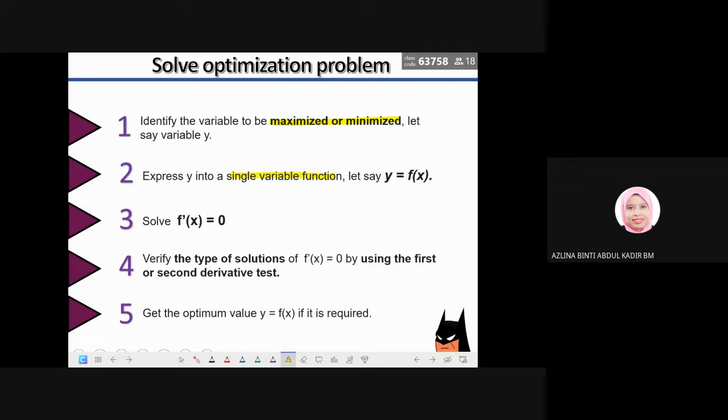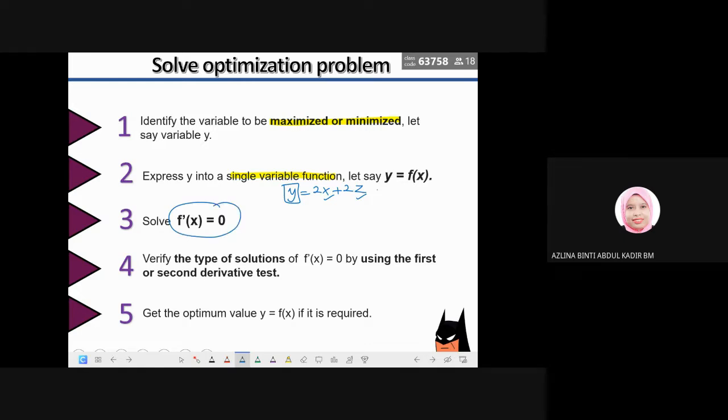Single variable. Okay. Dia kalau y is equals to 2x plus 2z, tak boleh ni. Ni ada dua variable. Single y, inilah single y. Right, jadikan y sebagai subjek. Right, so maksudnya kena jadikan y in terms of x or y in terms of z. Satu variable. Okay, then next solve. Okay, solve for first derivative is equals to 0. Untuk dapatkan apa?